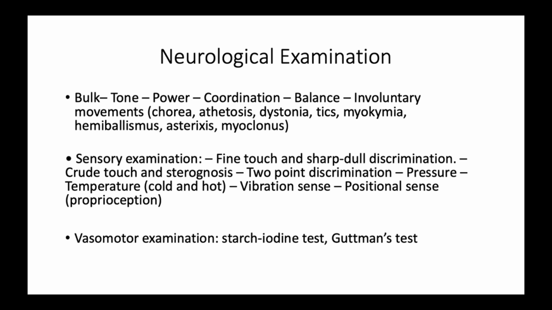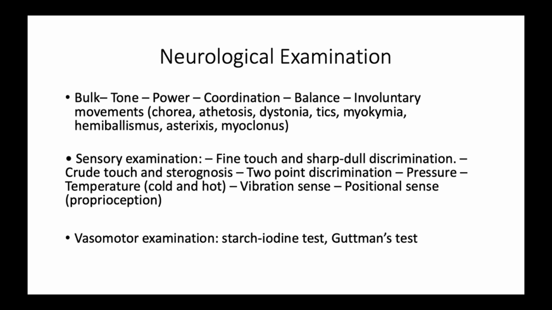For motor power, we go in the sequence of bulk, tone, power, coordination, balance, and presence of involuntary movement. The power is graded as per the MRC grade. In conditions where there is spasticity, MRC grade cannot be used and it is better to quantify power as functional or non-functional.